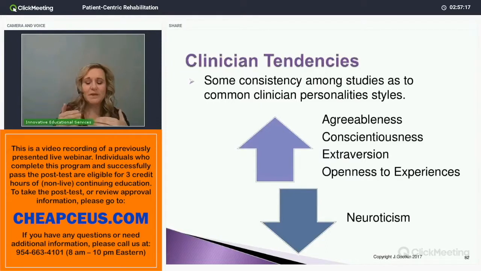Whereas neuroticism tends to be on the lower end of the scale. Those are not the most beneficial traits in healthcare, because those tend to be more the individuals who are expressing unpleasant emotions. They don't have a very calm and relaxed personality, which doesn't necessarily lend itself to the therapeutic environment.